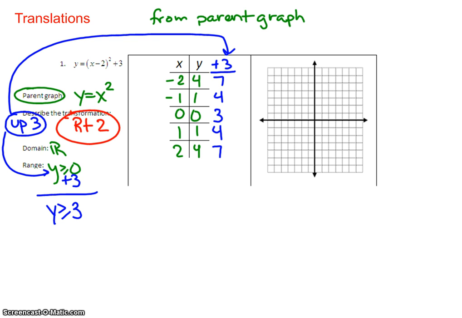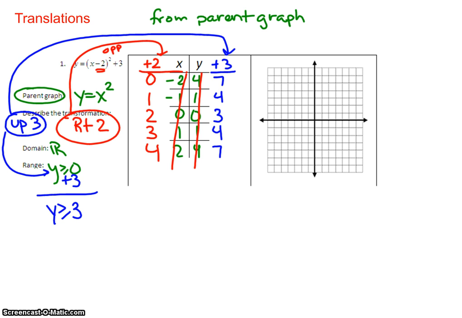My x's are to the right 2. Now, again, opposite. Rather than subtracting 2, what I'm going to do is add 2 to each of these. Now, I always suggest to people, once you've changed a set of x's or y's, to cross them off.